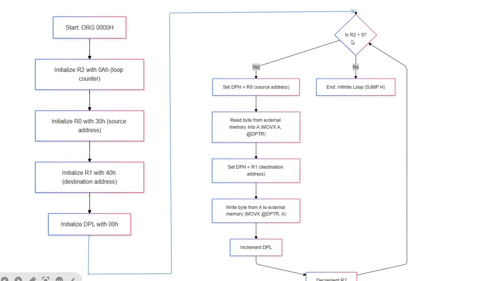We'll check for R2. If R2 is greater than 0, then this loop will be executed.